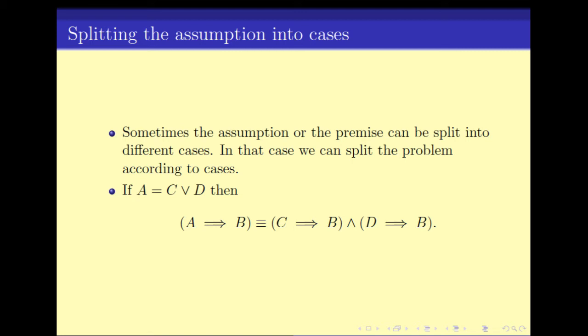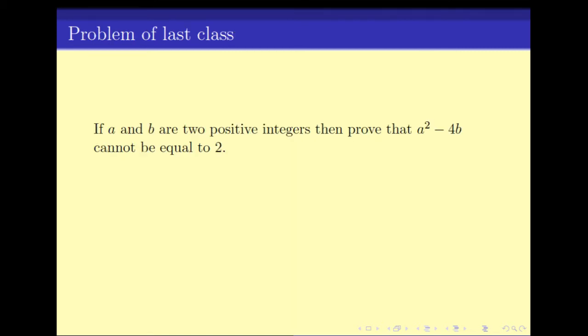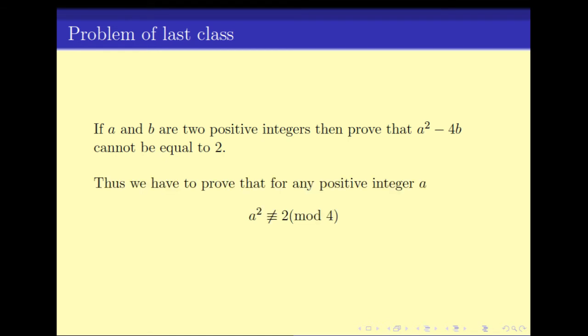Now this is not easy. For some problems there is a kind of standard split, for some it's not. In the last class, for example, we saw the example that if a and b are two positive integers, then a square minus 4b cannot be equal to 2. In other words, a square is not congruent to 2 mod 4.